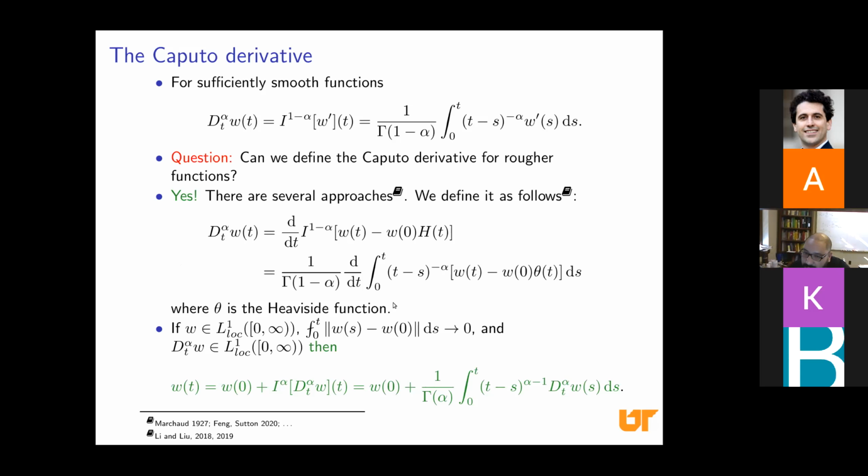Is the second definition the Riemann-Liouville? This one over here? Yeah. It is the Riemann-Liouville, but the argument is not the function itself, it's the function minus the initial value. Gotcha. Okay. Thank you. Yeah, and that's a good point. Some other people have defined some fractional derivatives also in this way.